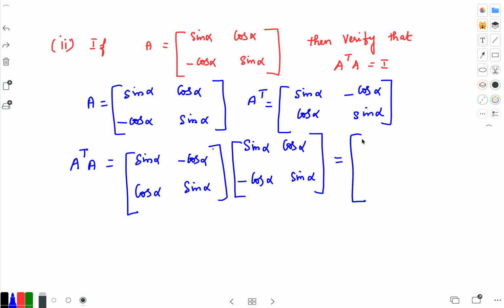Sin alpha into sin alpha is sin square alpha plus minus sin alpha into minus sin alpha is plus cos square alpha. Then first row with the second column: sin alpha into cos alpha plus minus cos alpha into sin alpha.